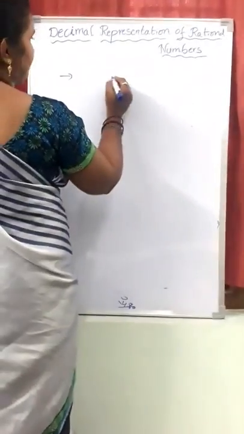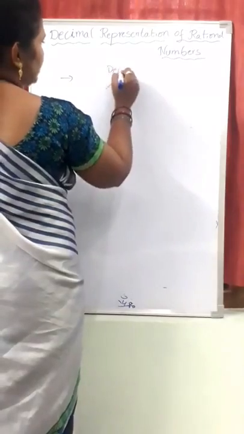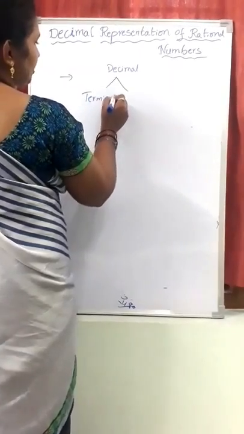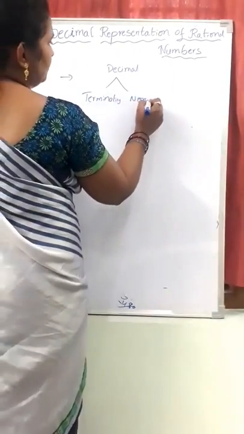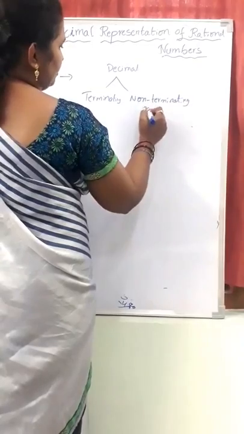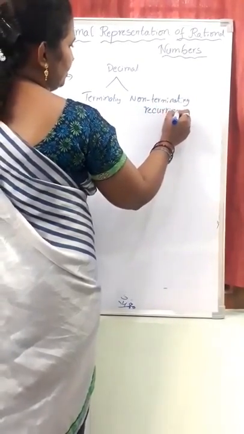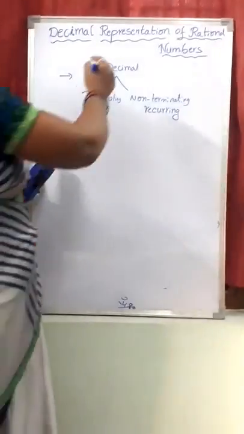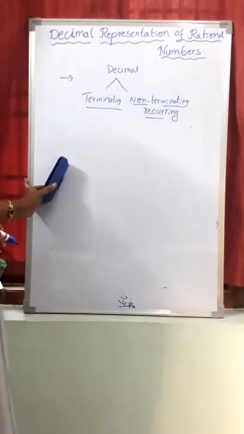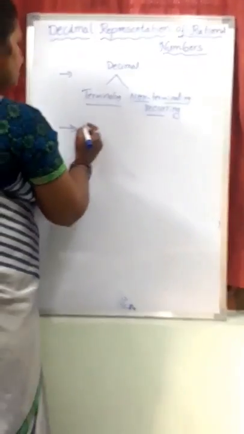Decimal numbers are of 2 types, terminating and non-terminating recurring. Every rational number can be represented in decimal form, either as a terminating decimal or a non-terminating recurring decimal. In non-terminating recurring decimals, the digits that are repeated are considered as the period.